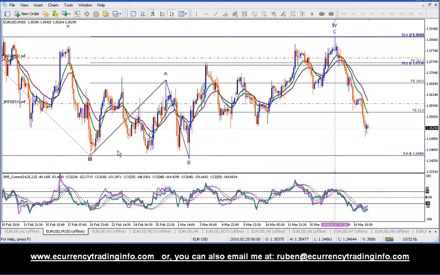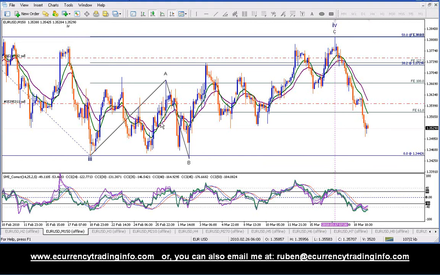Some corrections are much easier to figure out their details, and some corrections like this one are much more difficult, especially in real time. The good thing is that it doesn't really matter anymore. It's over, and it looks like wave 5 has begun.